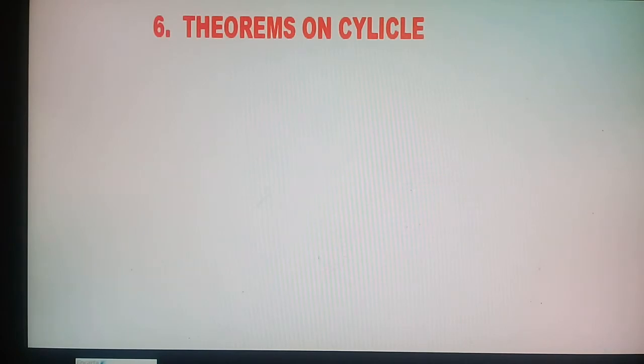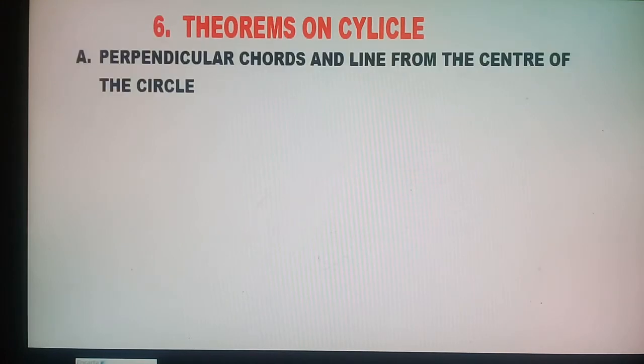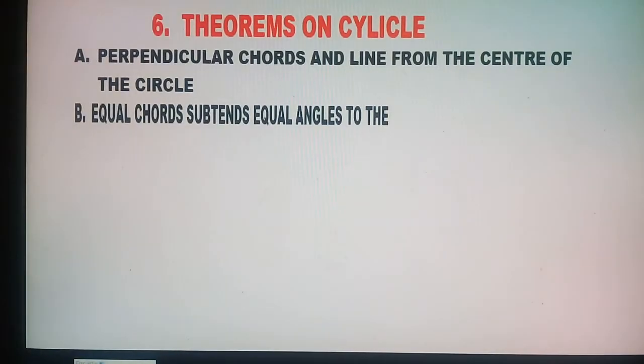Okay, let us move on. We have theorems on circles. From grade 11, we have what we call circle theorems. We have to know the following theorems. We have the theorem on a perpendicular from the center of the circle to a chord. We are going to discuss it as we go on. And we know equal chords subtend equal angles.